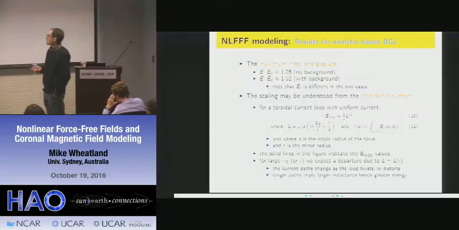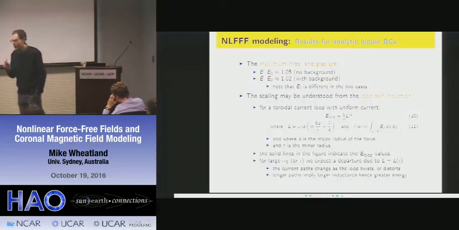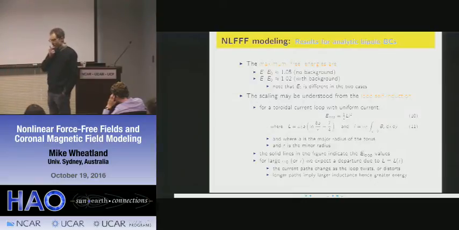The scaling of the free energy with the square of your alpha value, or the square of your current, can be understood in terms of the self-induction of a little current loop, modelling the currents that are there as a loop, or half a loop. For a toroidal current loop with a uniform current distribution, the energy is 1/2 L i squared from basic electromagnetism.